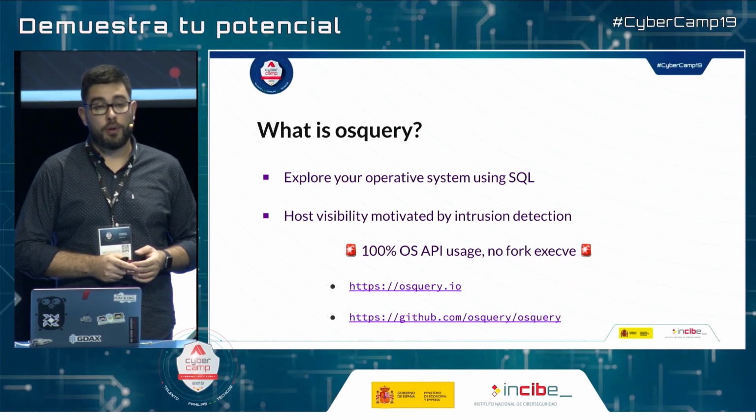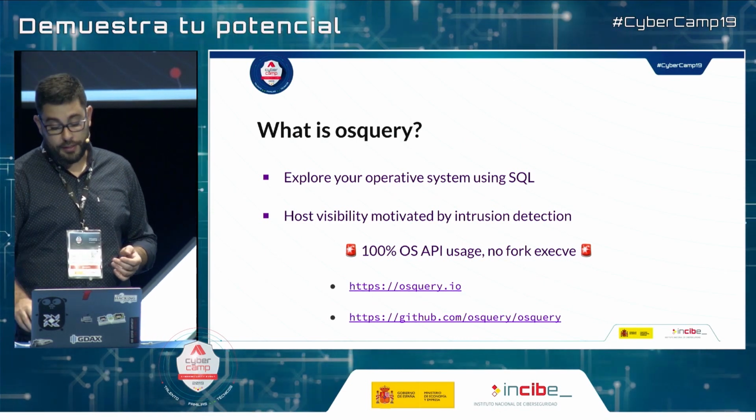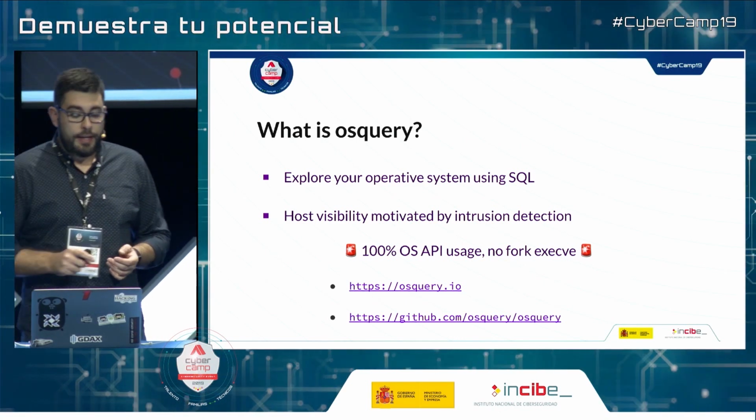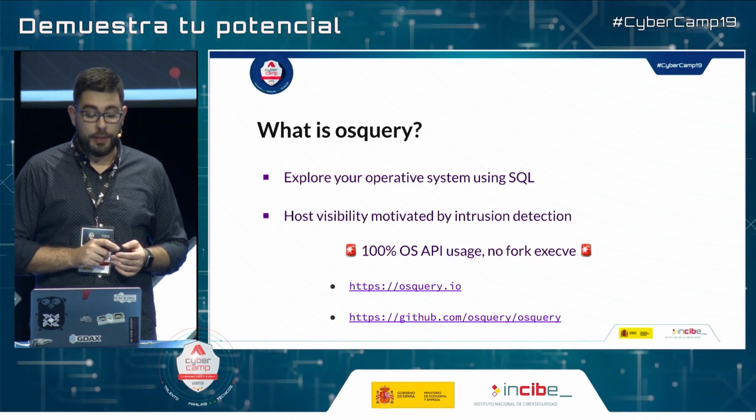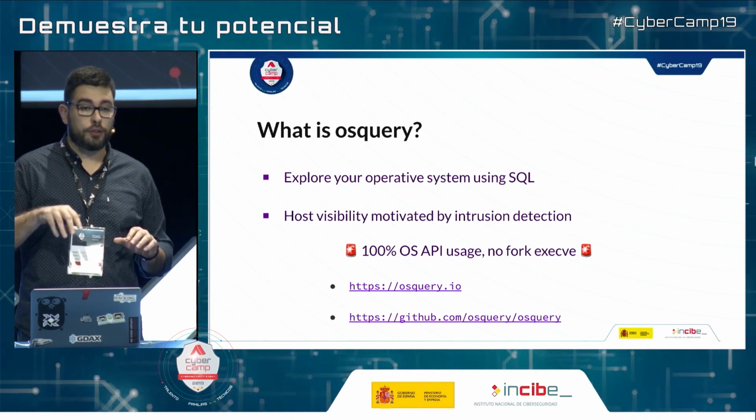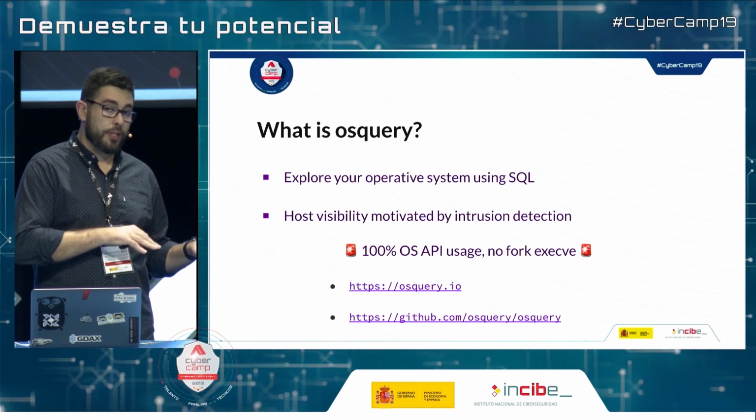So if you can detect that, then it is very important to have early detection so that you can then issue a response really quickly. Now, OSQuery uses 100% OS API.